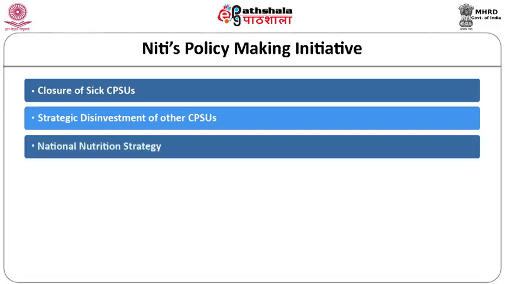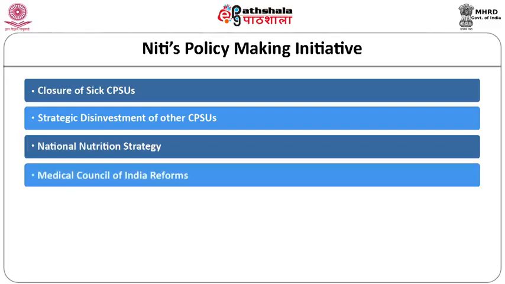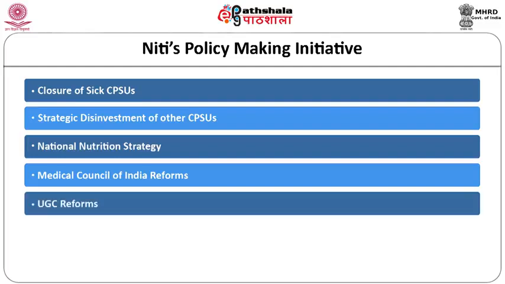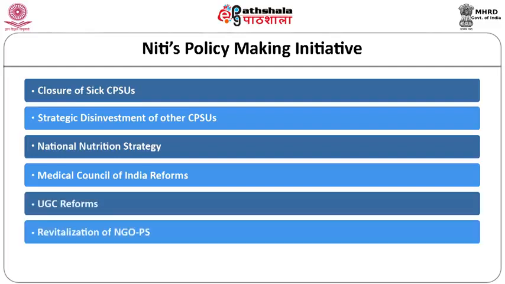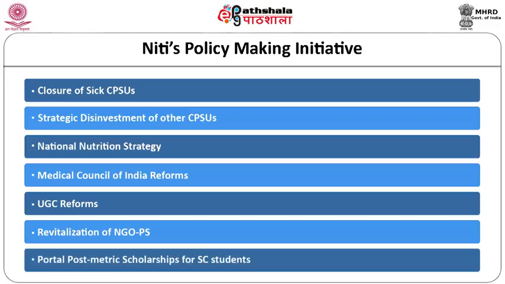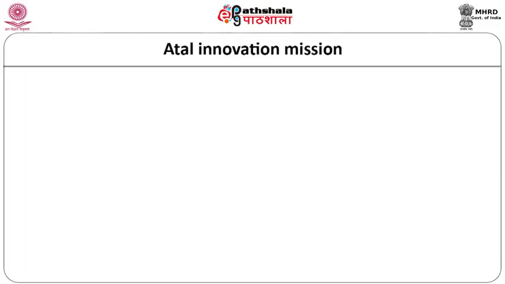Then next is national nutrition strategy, where we see that in India, Niti's policy-making initiatives include national nutrition strategy, Medical Council of India reforms, University Grants Commission reforms, revitalization of non-governmental organizations and public sector, portal post-matric scholarships for scheduled caste students. Then next is Atal Innovation Mission.